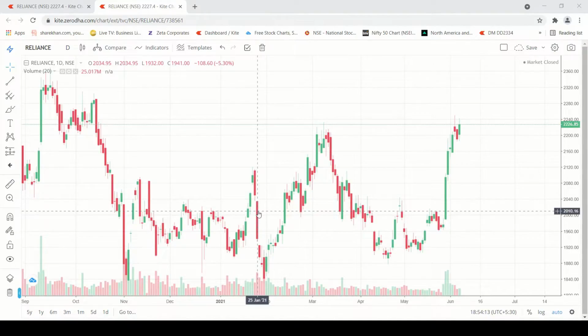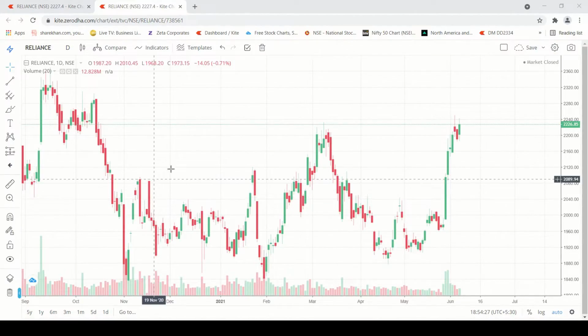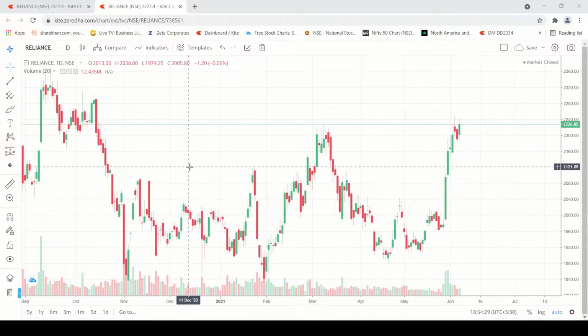So guys, here is the Zerodha platform. Let's apply it on a chart in Zerodha. We will open the chart randomly. It's a Reliance chart, okay? So we click indicators at the top here. Click indicator.